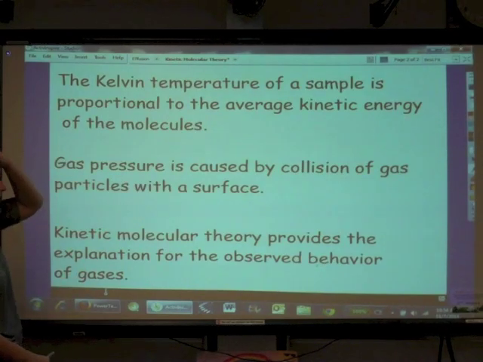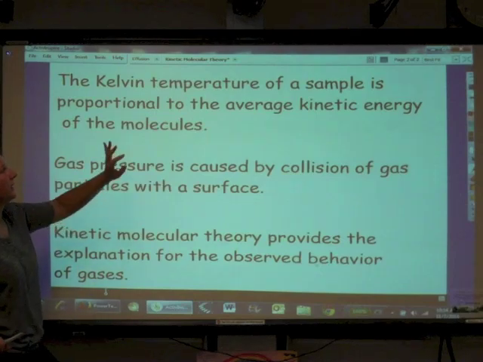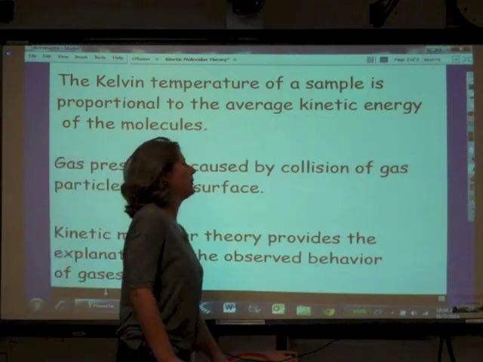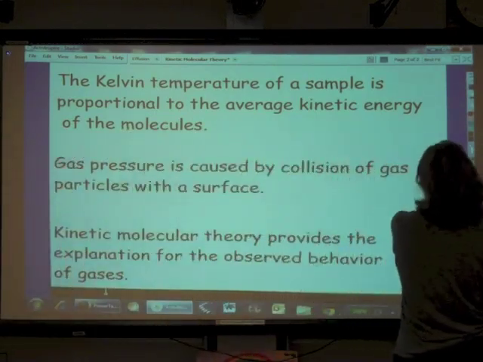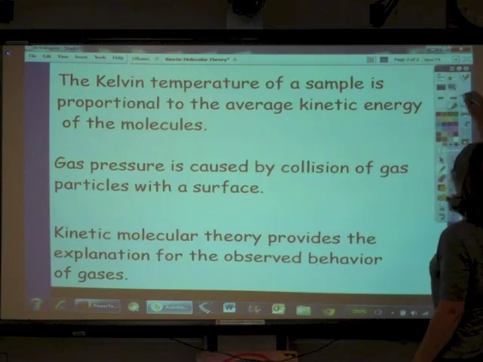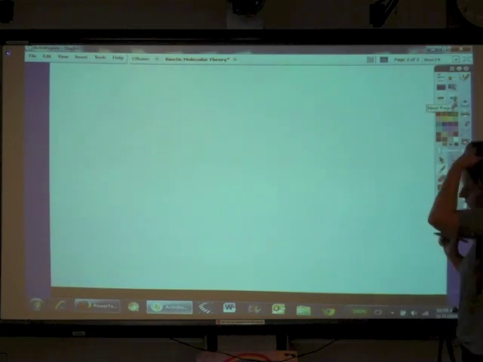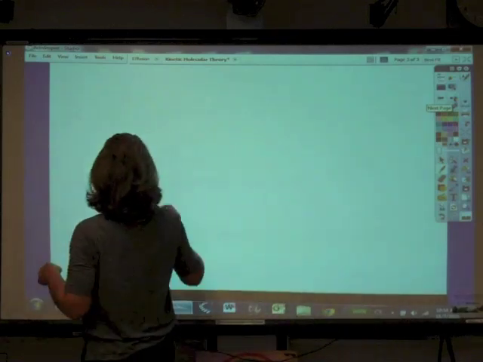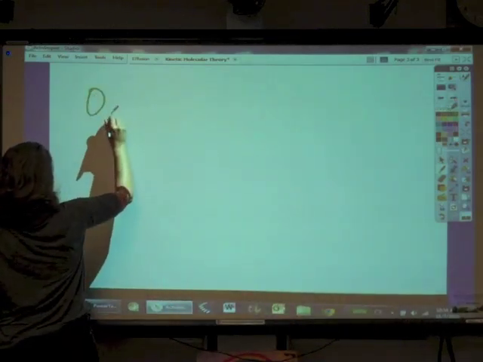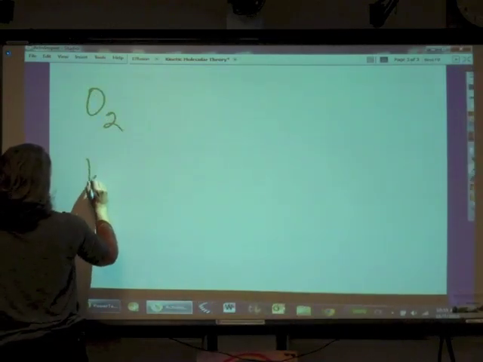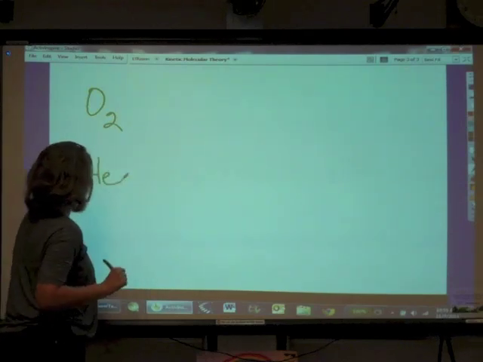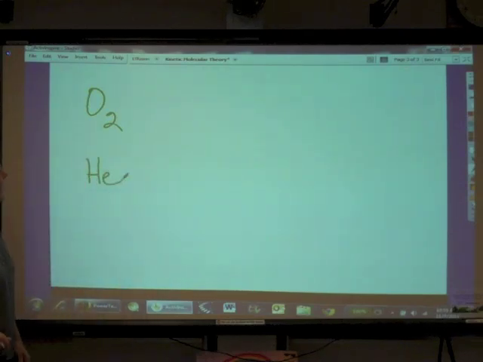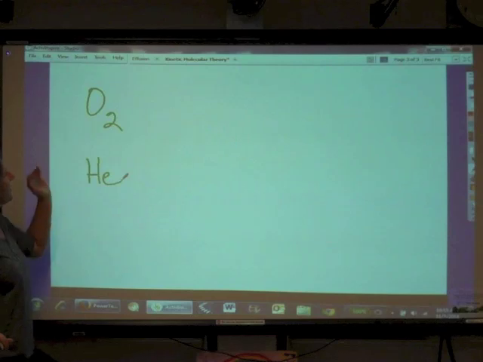All right, now there's one thing I feel like I need to talk to you guys about average kinetic energy that is really, really important. So let's say we have two gases. Let's say we have a sample of oxygen gas and we have a sample of helium gas. And both of those gases are at the same temperature.